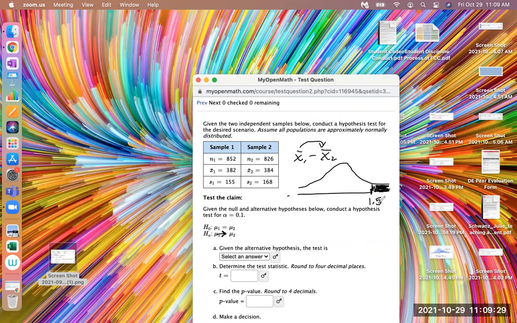If the difference is very common, assuming that there's no difference between the two populations and no difference between the means, then we're not going to reject the null hypothesis.